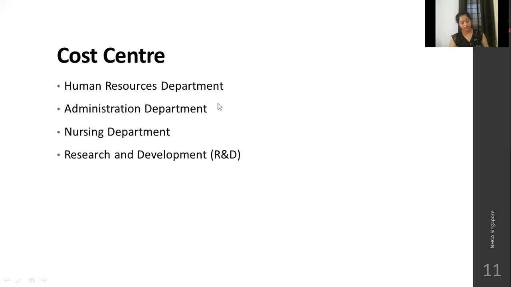Cost centers are the centers which do not directly add to the profit, but still cost the organization money to operate. So they only contribute to the company's profitability indirectly. It's not that they're loss centers. They are also profit contributors, but they act indirectly, whereas the profit centers act directly in contributing to the profit. For example, in a hospital, the human resource department is not bringing in direct revenue, but they are hiring people who may bring direct revenue to the hospital.